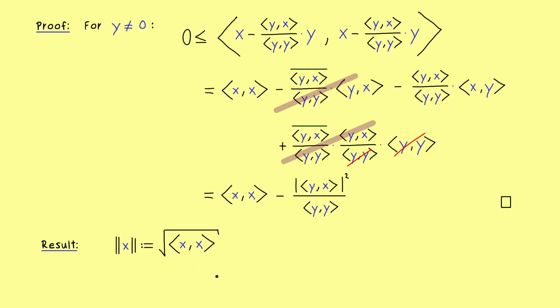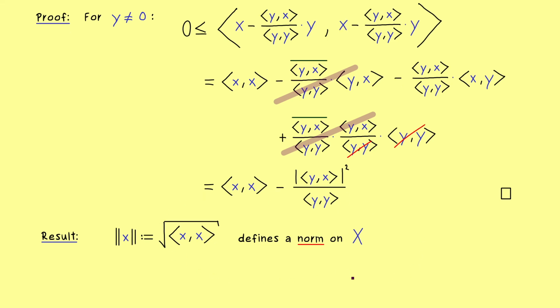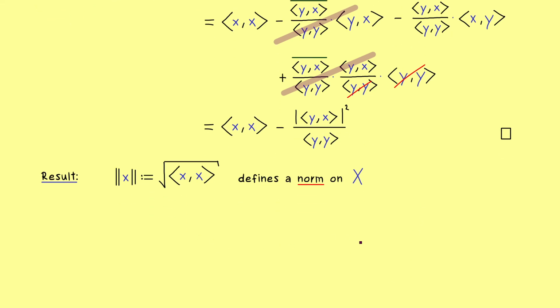And there we usually use the common norm notation, because it's actually a norm on our vector space X. Hence, all the 3 properties of a norm are satisfied here. More precisely, if we want to show the triangle inequality for this norm, we can use the Cauchy-Schwarz inequality. If you want to see the actual details there, you can check out my functional analysis course.